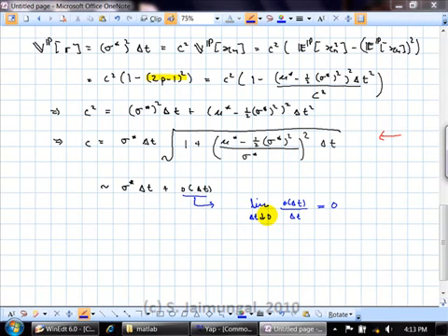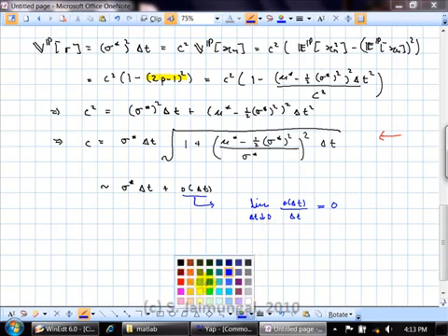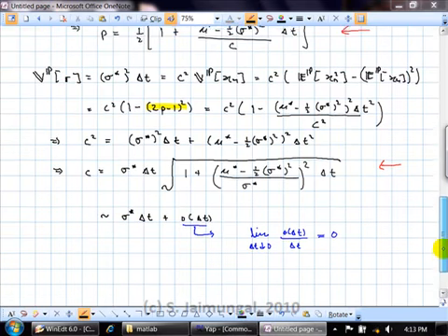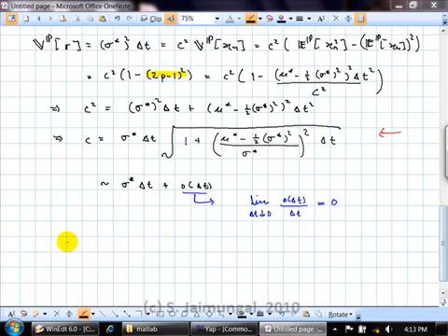So it just means something that goes to 0 faster than delta t, such as delta t squared, or delta t to any power bigger than 1. There are a lot of other things that can go to 0 faster, but in this case, it's sufficient to know that.